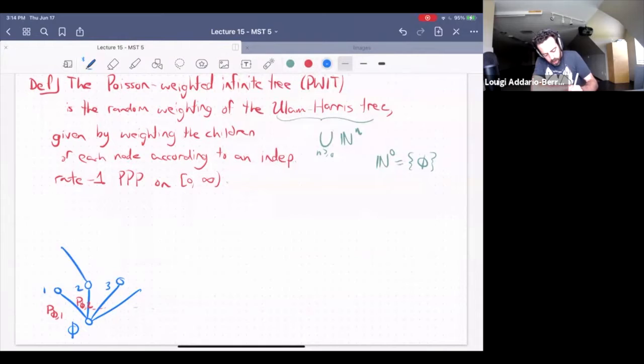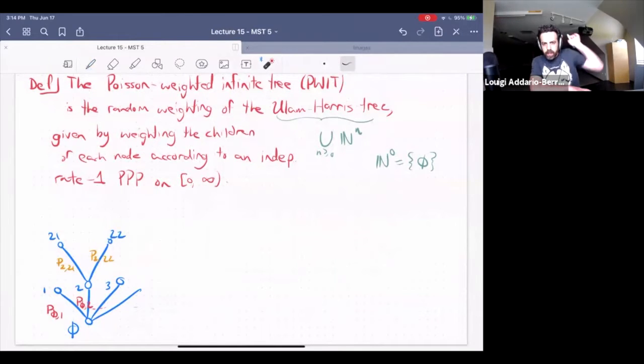And then 2 will have another independent Poisson process, its atoms in ranked order P2,1, P2,2, and so on. So this is 2,1, 2,2, etc.